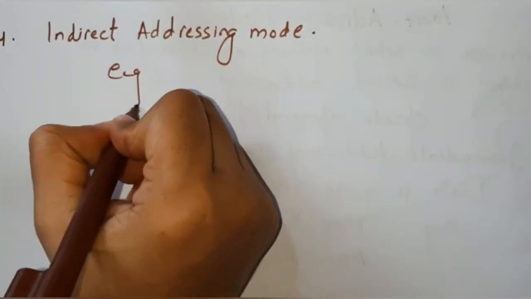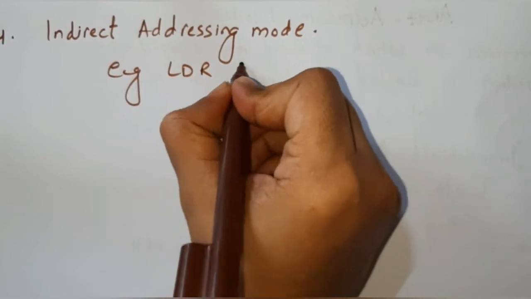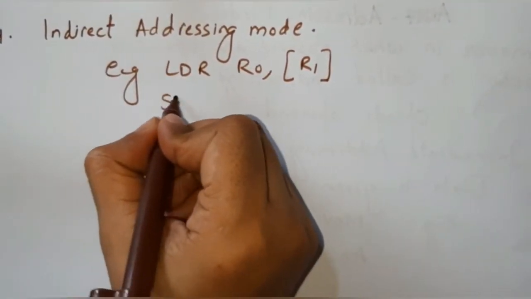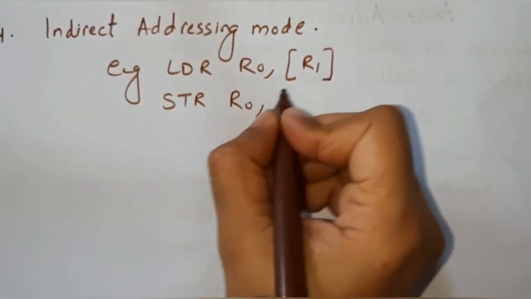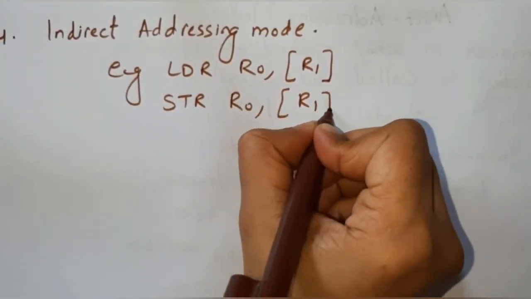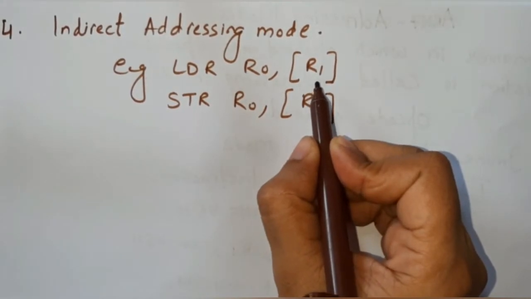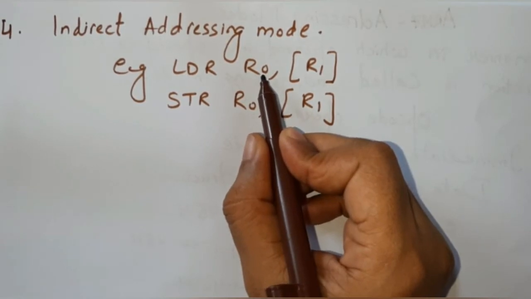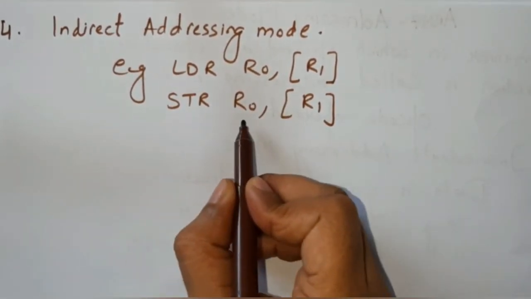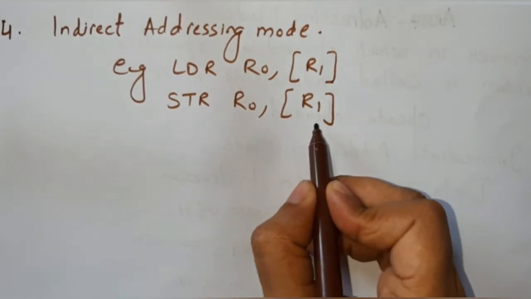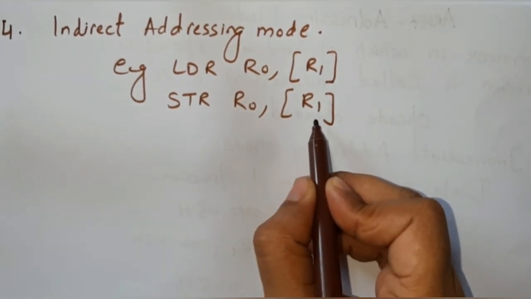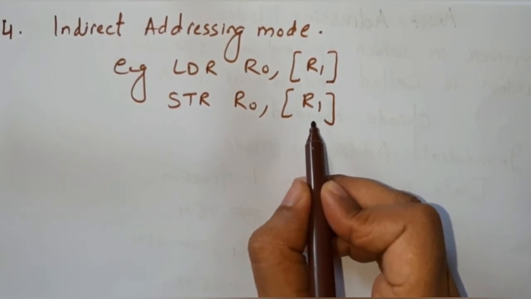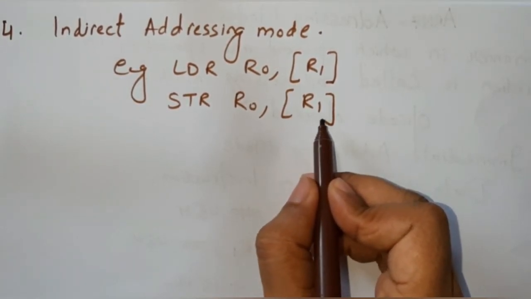Example: here the content of the memory location pointed to by register R1 will be loaded to the register R0. In the second example, the content of register R0 will be loaded to the memory location defined by the register R1. So the address is not directly mentioned. The address is given by the register itself.